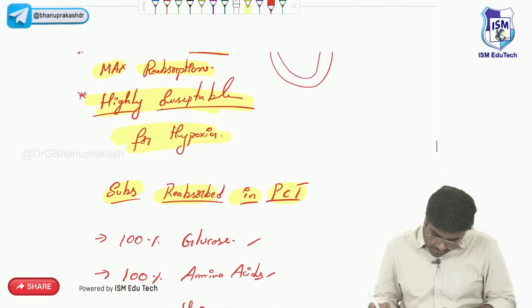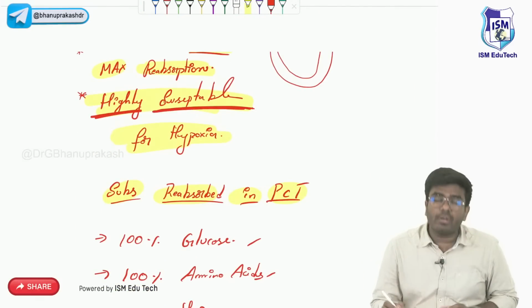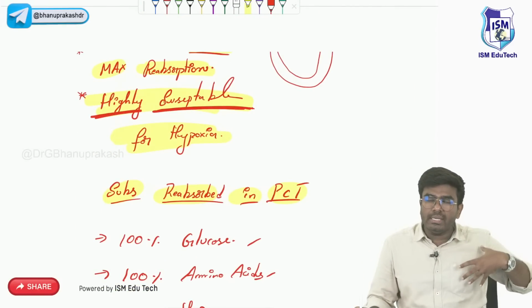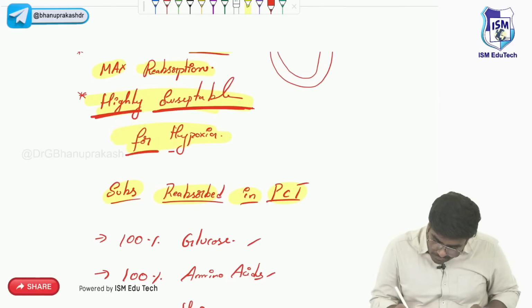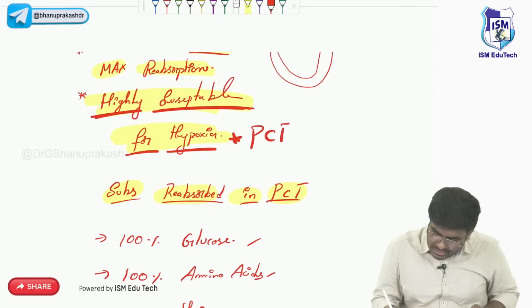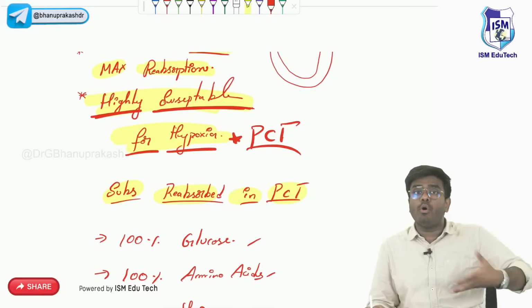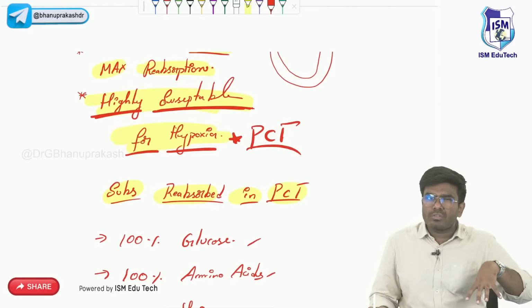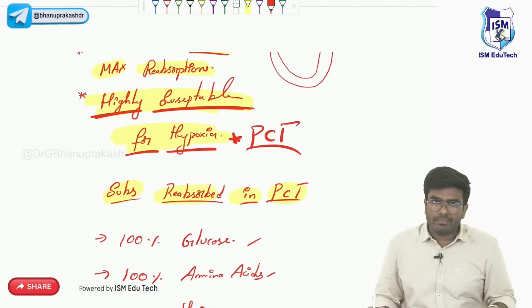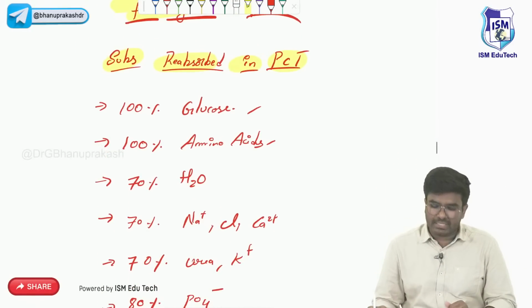So if there is hypoxia in the body for some reason, which part of the nephron will be highly susceptible? Again the proximal convoluted tubule, because it works more and demands more oxygen. With less oxygen in the body, the PCT is the first part to be knocked out.